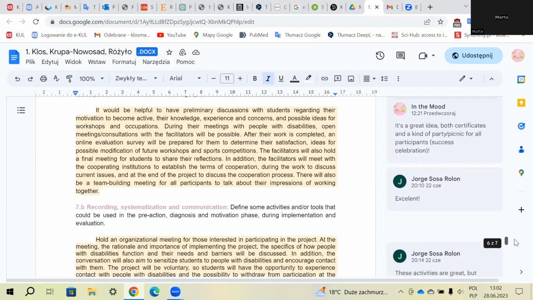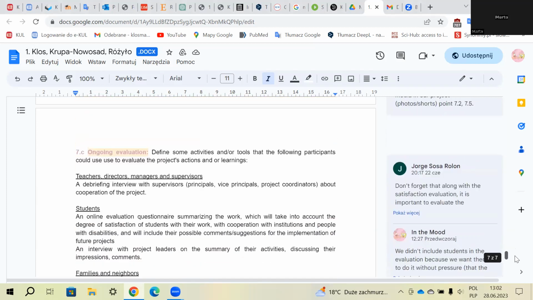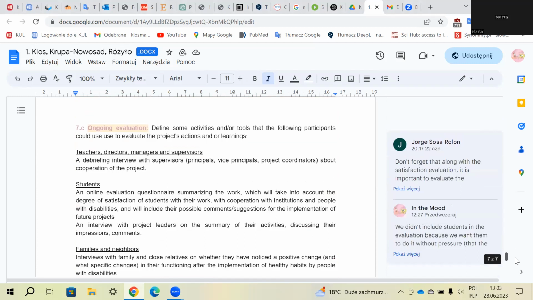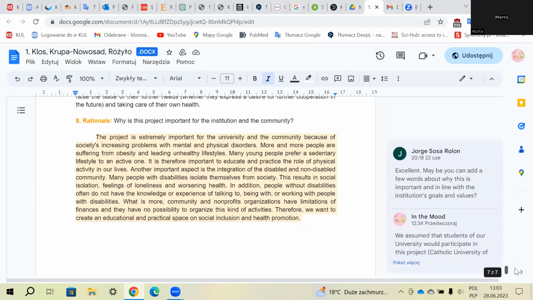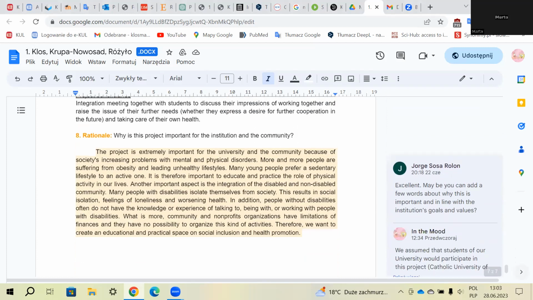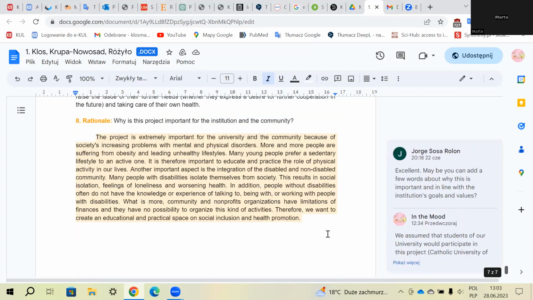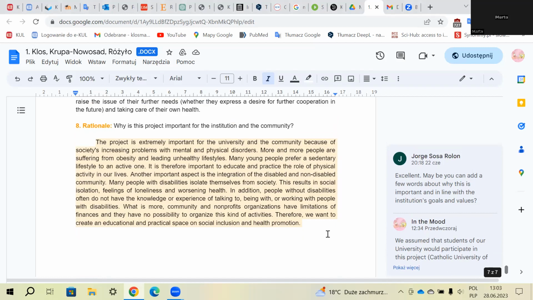And what's more, ongoing evaluation. Maybe the last words: this is extremely important for our university, for each university and the community, because of society's increasing problems with mental and physical disorders. I think I said the main points of our project, and thank you very much.